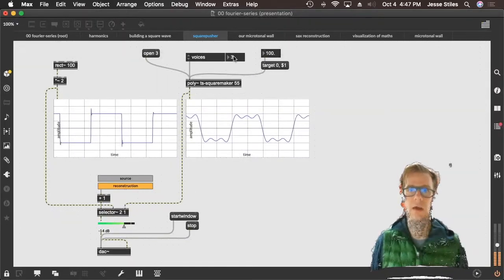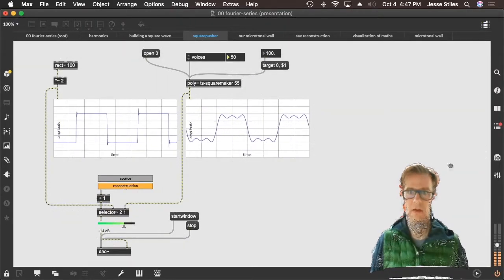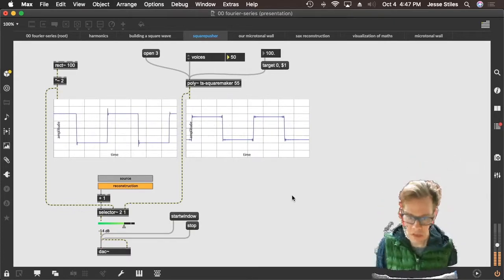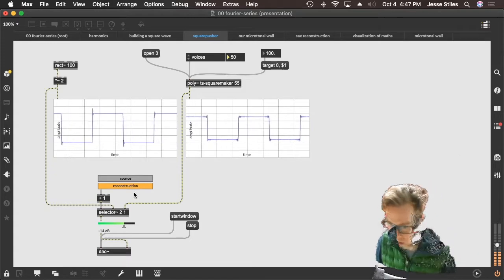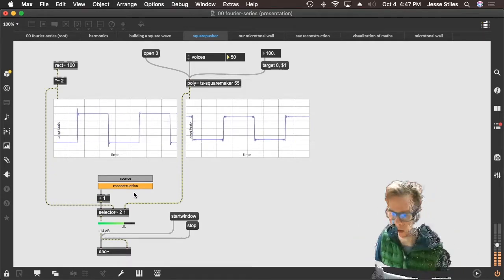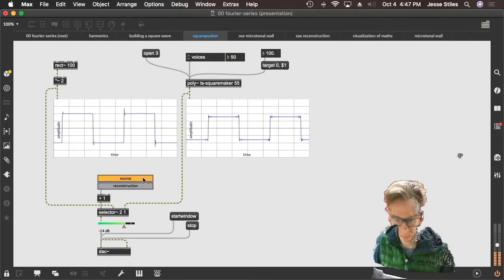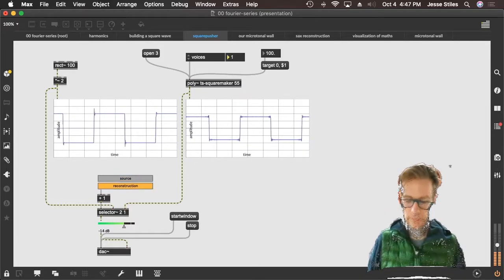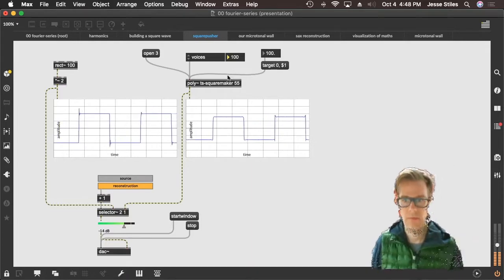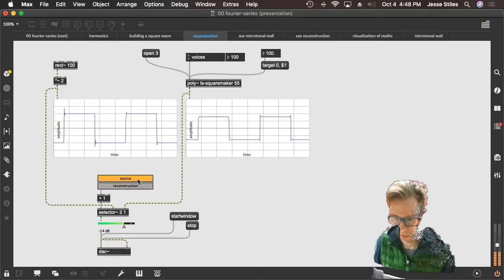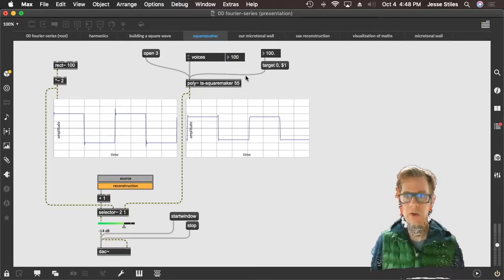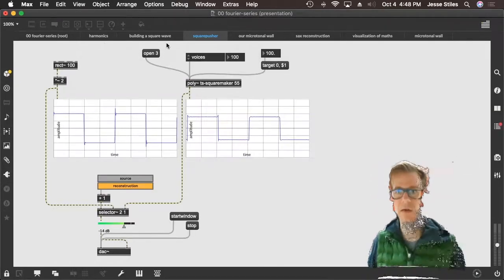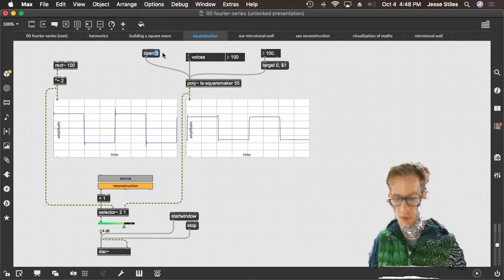So if we loaded, let's say, 50 copies of this patch, we have 50 harmonics, and this sounds quite a bit like the original square wave at this point. Let's try 100. So with 100 instances of this patch, it's starting to sound pretty indistinguishable from the original.